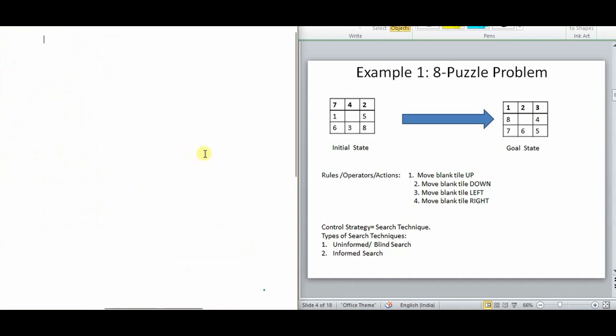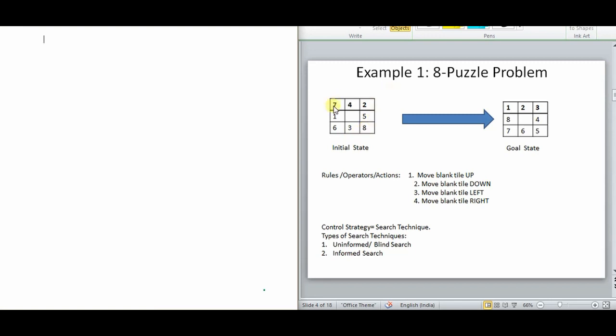Let's see this example. Now this is the 8 puzzle problem that we are seeing. The 8 puzzle problem is a common problem that is given to kindergarten students. What is this 8 puzzle problem? There is a 3x3 board, which has altogether 9 places where you can store data.